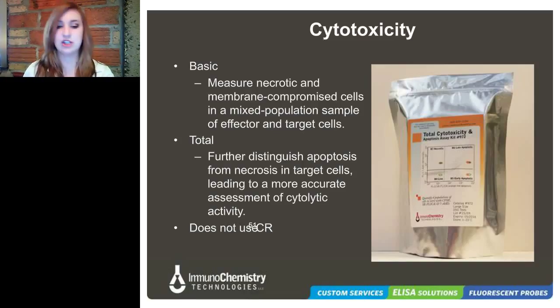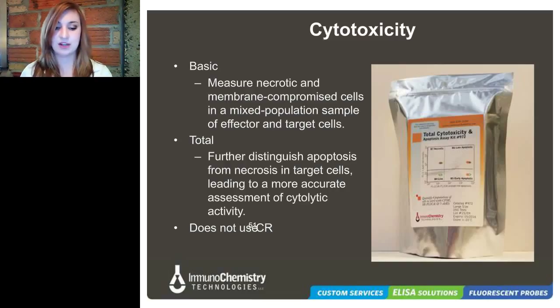However, if you're looking to further distinguish apoptosis from necrosis, leading to a more accurate assessment of cytolytic activity, we do offer a total cytotoxicity test. With this total cytotoxicity test, at least 10% more cytolytic activity is often measured when apoptotic cells are also identified with this test kit.